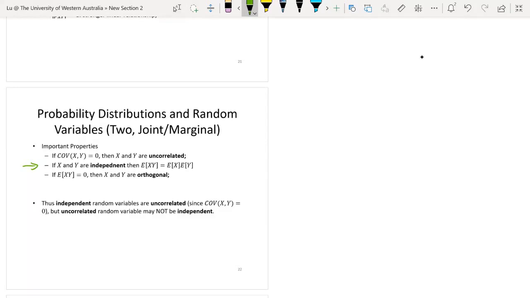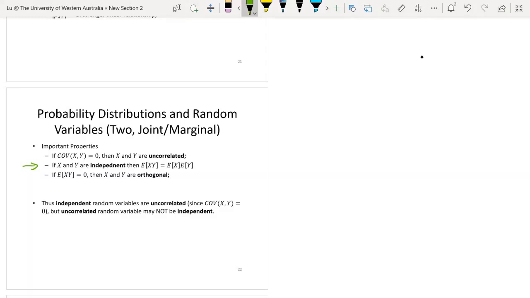Okay, can you recall what is independency? Independency means these two random variables have no relationship at all. So no linear relationship, no second order, no third order, no any relationship. Okay. So if x and y are independent, so the E[xy] equals E[x] by E[y], so that should be easy.